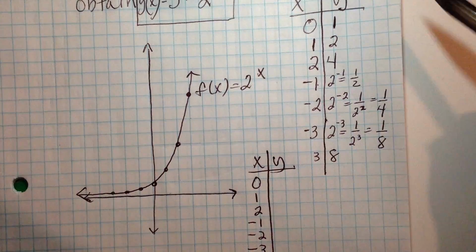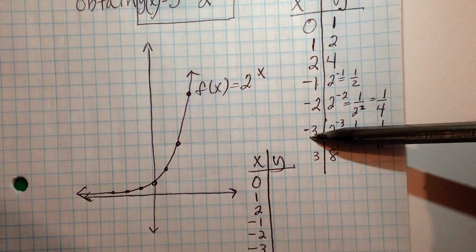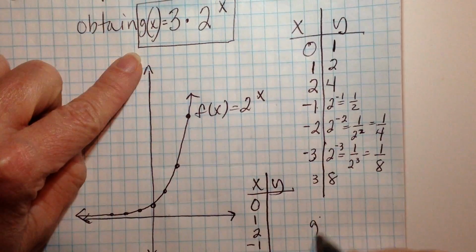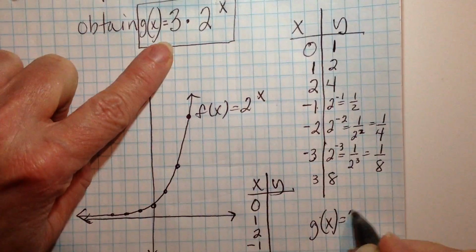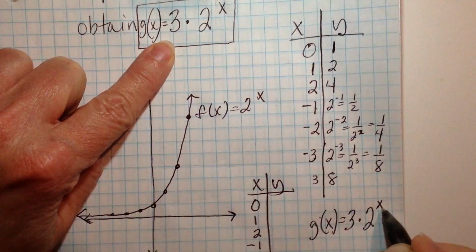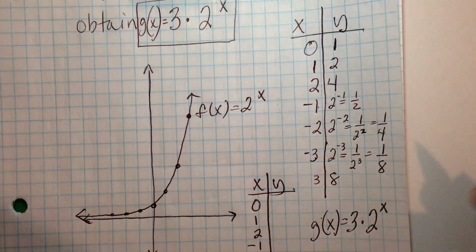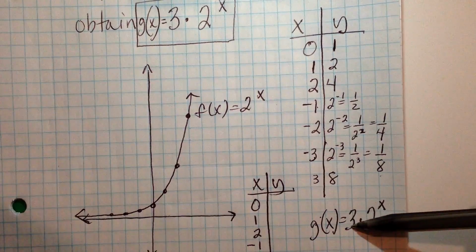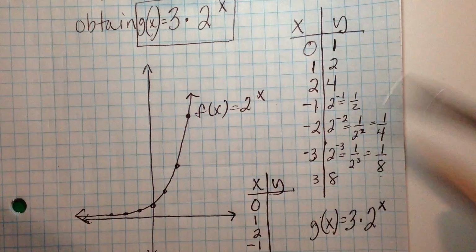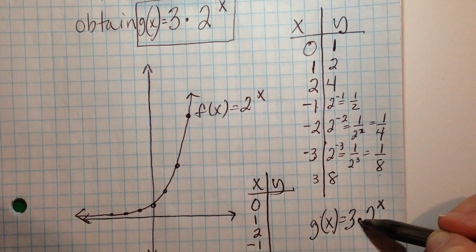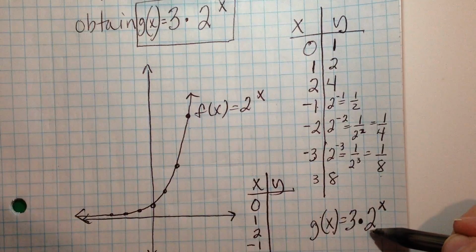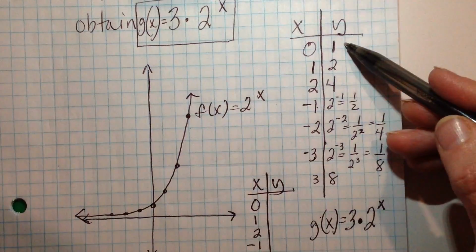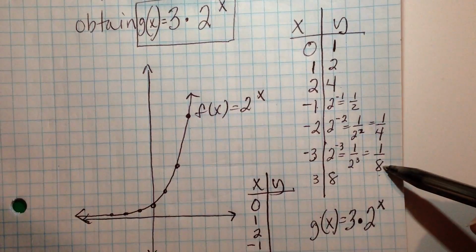Now, to get the ordered pairs of your stretch, 3 times 2 to the x, remember in the last video, I said you will take all of your y values and multiply them times your scale factor, which is the number multiplied times the original parent graph. That number will always be in the front. So we need to multiply each one of these y's by 3.